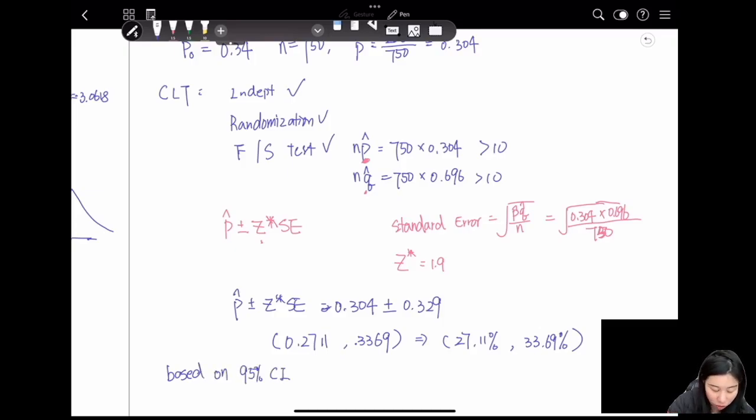Okay, so based on the 95% confidence interval, our p naught is what?